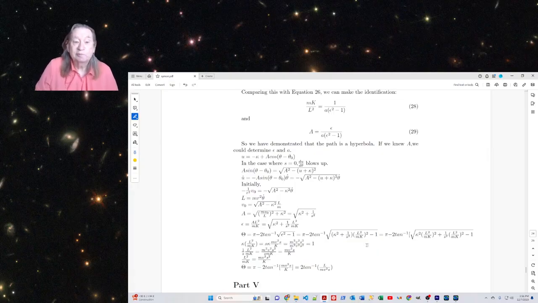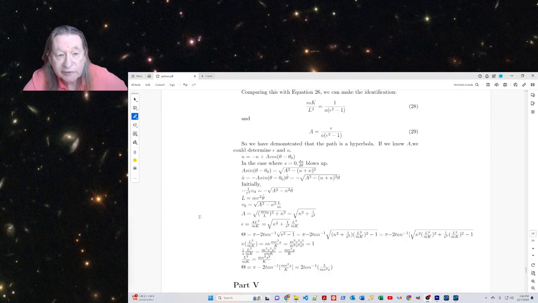You can show by a trigonometric identity that A times sine theta is the square root of A squared minus U plus kappa squared. Likewise, taking the derivative and applying the chain rule, you get this relationship right here.